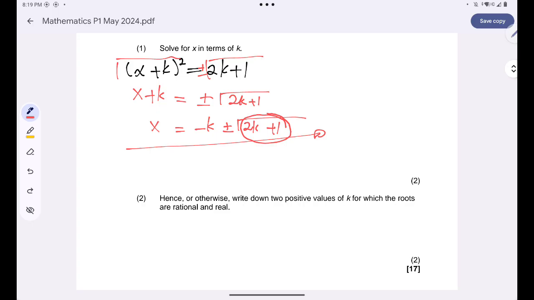Are we together? I should have a perfect square there. So what are the values of k that will give me a perfect square? I just need to do trial and error. I'll simply substitute. Let me try and open the calculator for you to see.